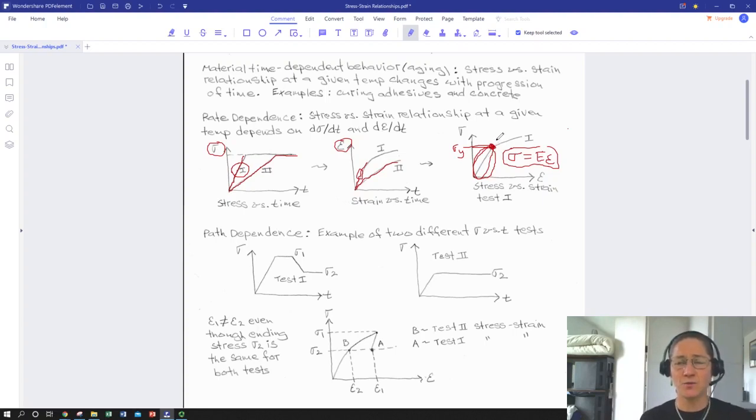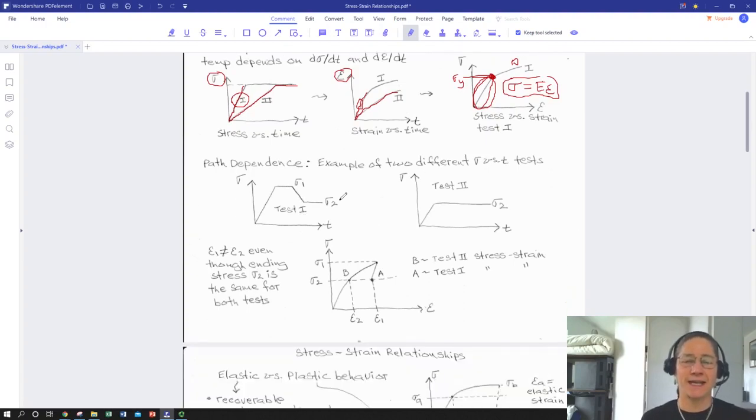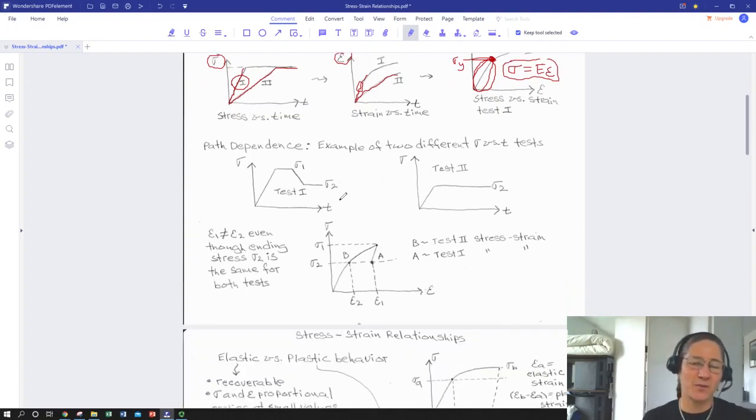So two big portions of this stress strain curve: elastic and plastic. We'll call that P, plastic. Okay. So let's look again a little bit at path dependence and how this matters. So again, we'll assume we did some kind of tensile test, so we have stress versus time, and we've got a sample here, and we're pulling on it.